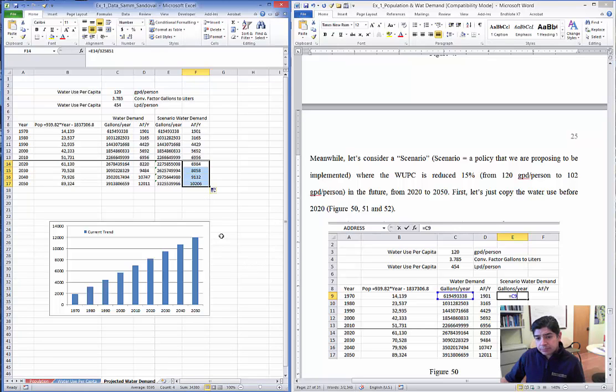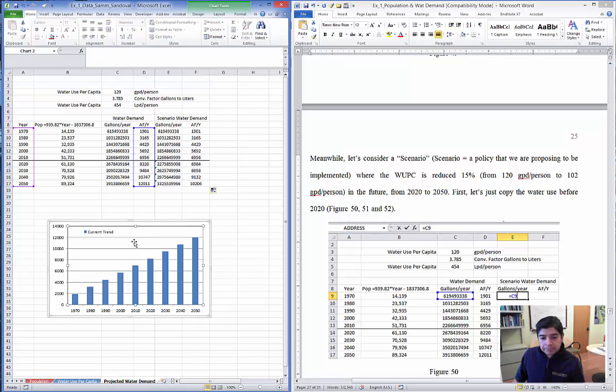Once we have done this, let's just also plot this data.